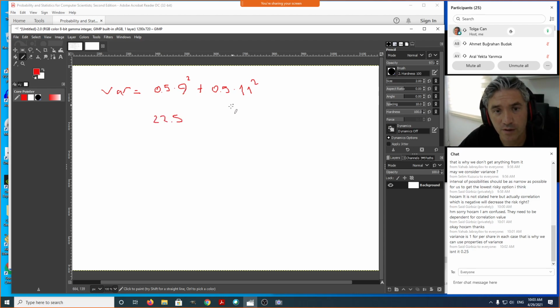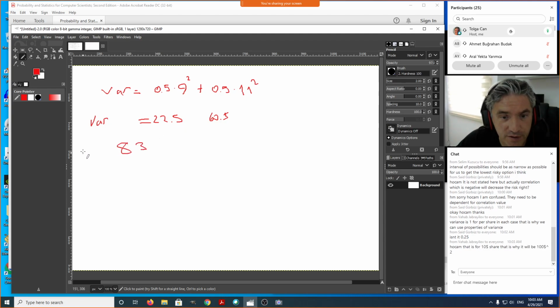and this one, 121 divided, so 60.5. So the variance is actually 83 here, right?